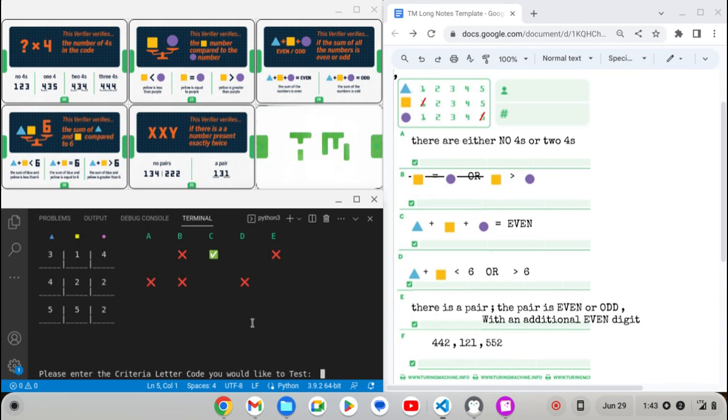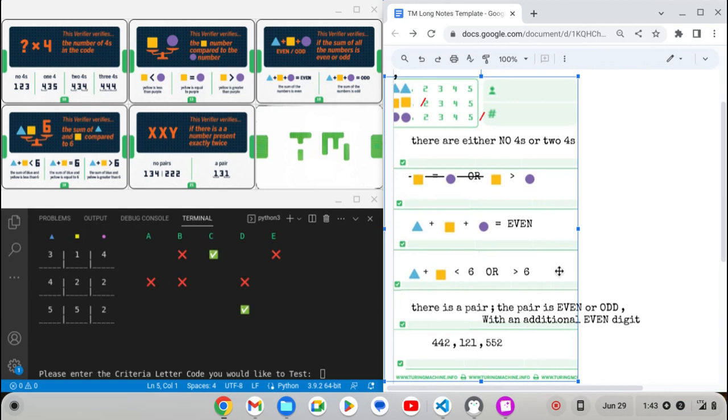5 5 2, and I'm almost positive that sum will be greater. Yeah, there's just no way. Let's just go ahead and do criteria card D. Okay, yeah, so the sum is greater than 6. So let me go ahead and cross out the less than option.